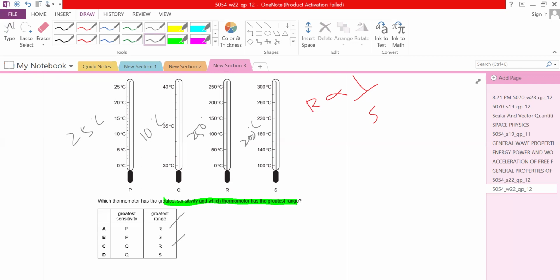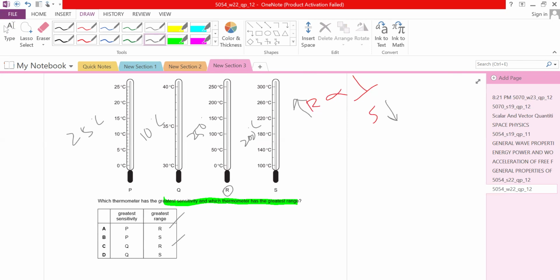And let's calculate the sensitivity. When the range is the highest, the sensitivity is the lowest. So the highest range is of R, and if R has the highest range, it will have the lowest sensitivity. We have to calculate the greatest sensitivity.